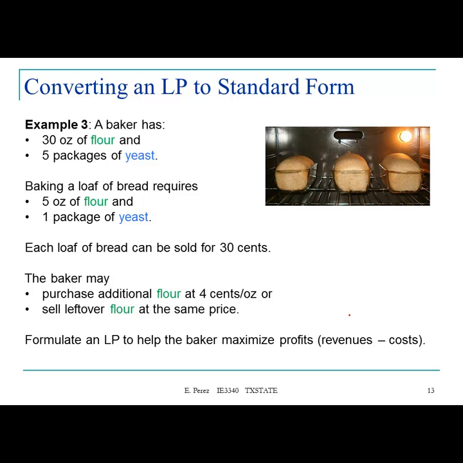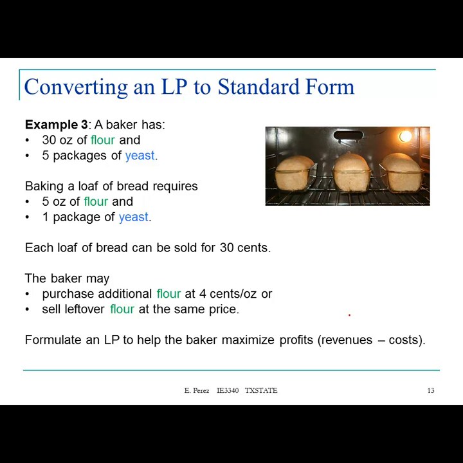So depending on how many are you gonna bake, you can have 2 options. You might end up having some left over, or you can actually purchase more material depending on how many you are going to produce. So the problem is asking to formulate an LP that will help this baker to maximize the profit.